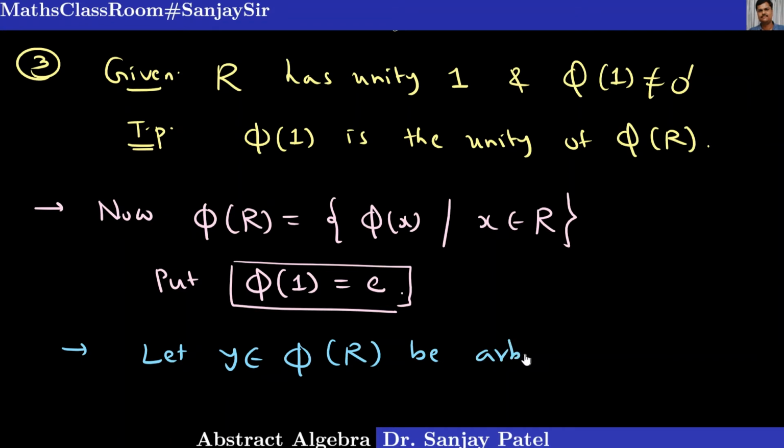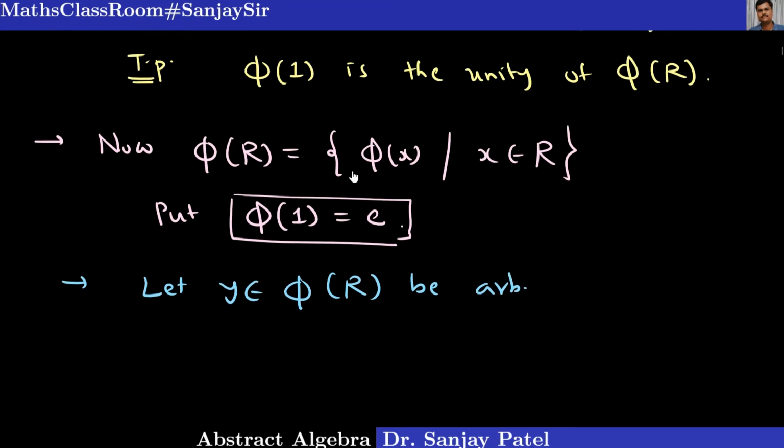If Y belongs to phi of R, there is some element, because of the definition of phi of R. Phi of R contains elements of the form phi of X. So there exists some X belongs to R such that phi of X is equal to Y.